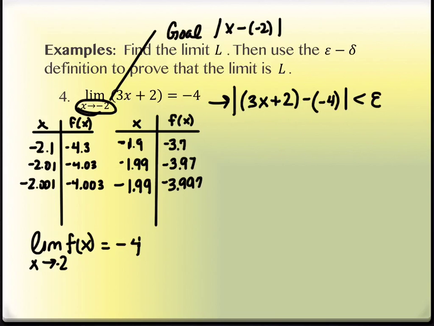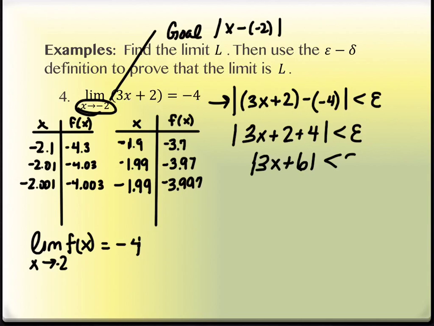So as we simplify, we end up with 3x plus 2 plus 4 is less than epsilon. So 3x plus 6, obviously. What did we do next? Factor out a negative 3. Ours is actually a positive 3. We're going to factor out a 3 because they're both positives.